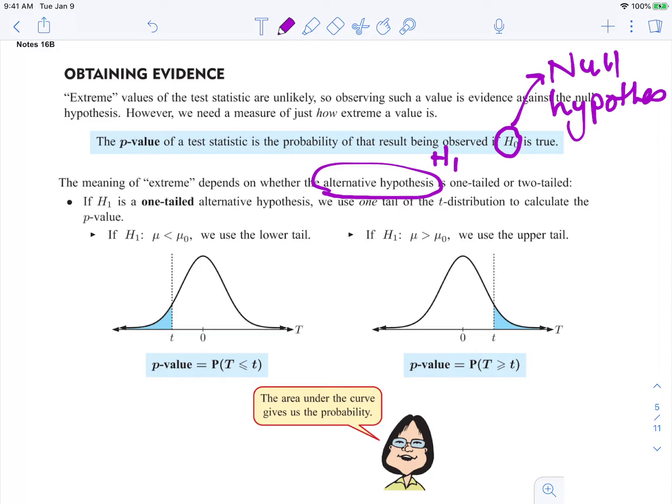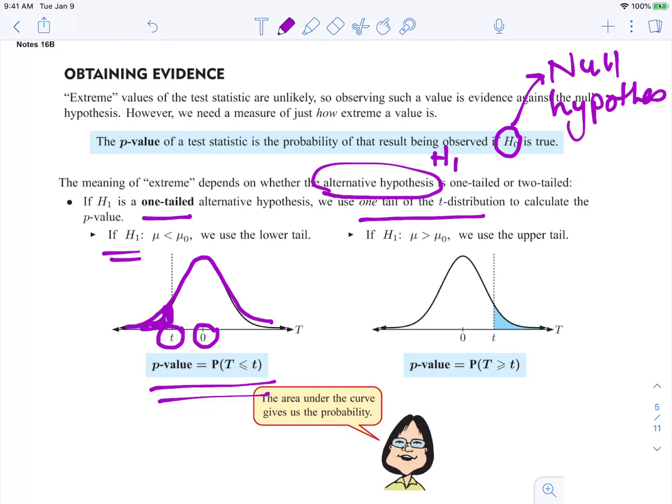If H sub 1 is one-tailed, we use a one-tailed t-test distribution to calculate the p-value. So here is your curve, and then there's your area under the curve, and then here's your t, and this is your mean. If the alternative hypothesis is that the mean is less than, we use the lower tail.